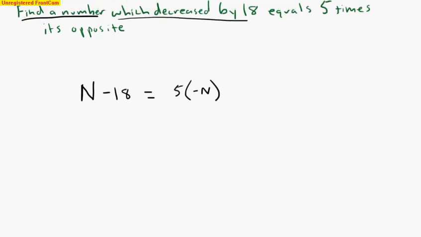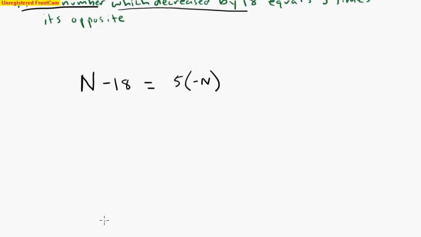Let's work to solve. We've got n's on both sides here. I'm just going to rewrite this as n minus 18 equals negative 5n. So that's really what we have here. 5 times negative n is negative 5n. We need to eliminate the n's from one side, so we can add 5n here, or subtract n over here. Let's subtract n.